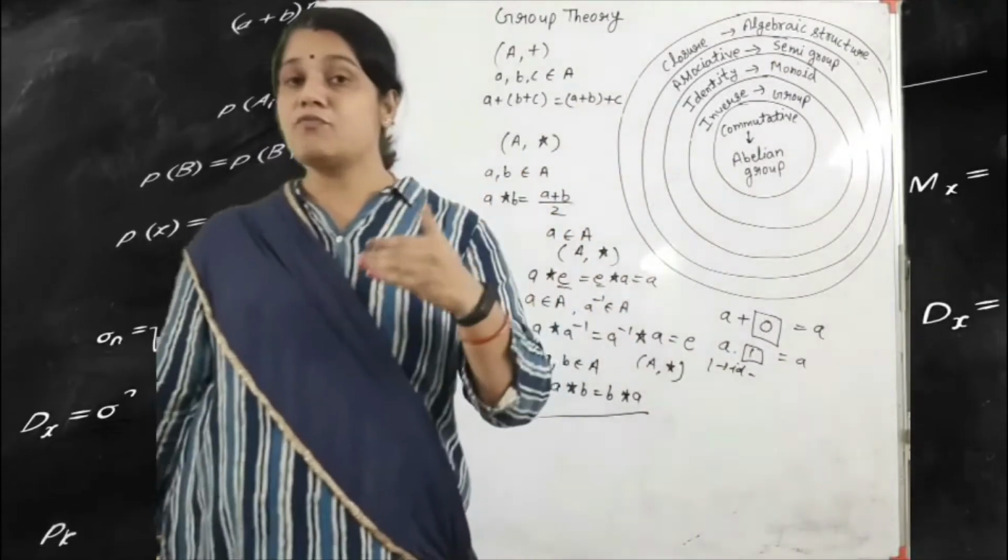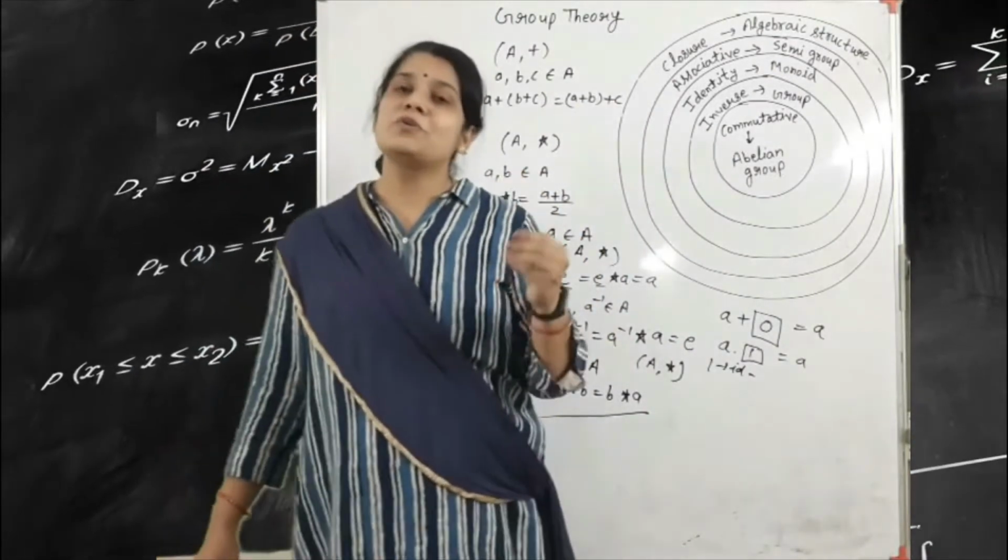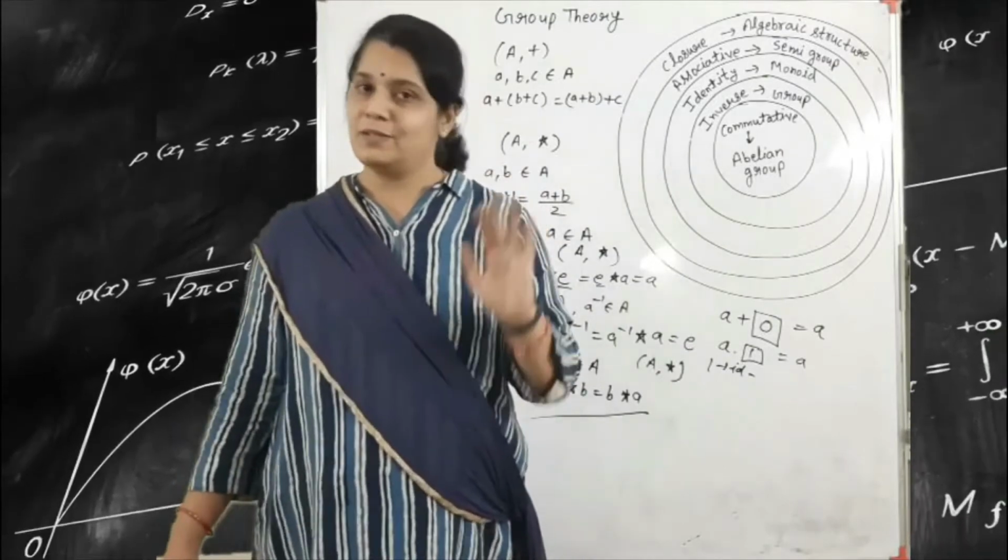So for an abelian group, you satisfy the five properties.